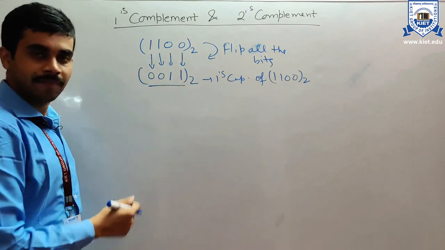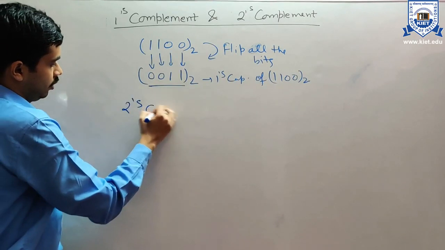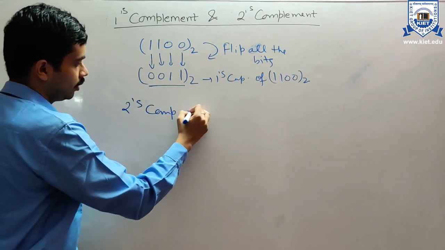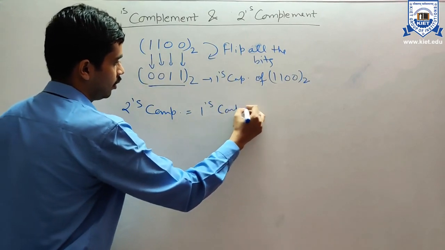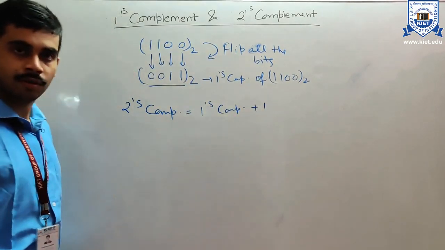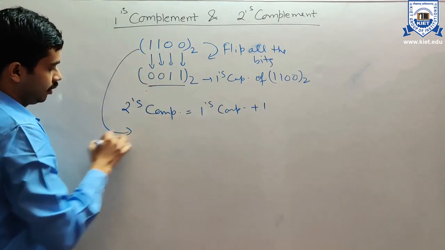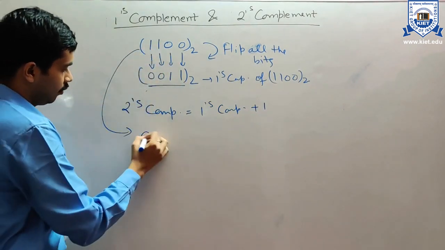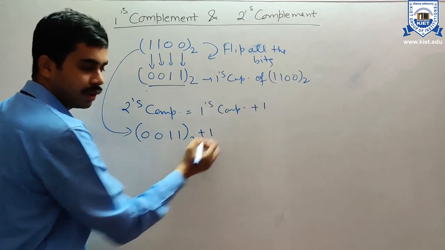From here you can see it is the same as what we calculated in our last example. And for 2's complement we have to just add 1. 2's complement is basically 1's complement plus 1. So if we want to calculate the 2's complement of the same number, what will we do? 0 0 1 1 base 2 plus 1.